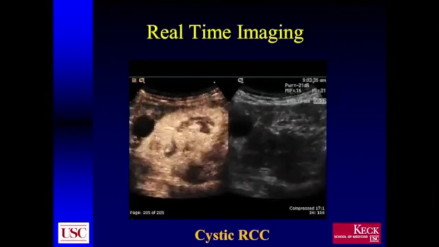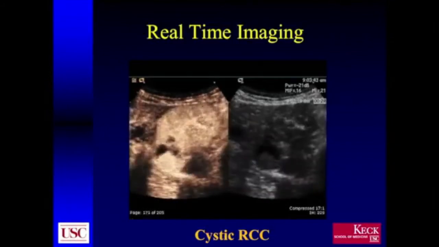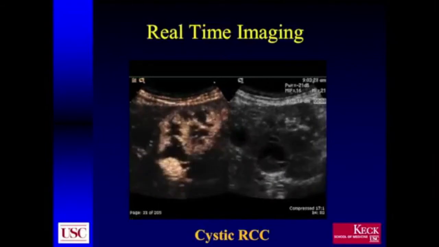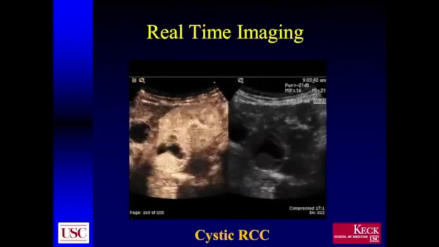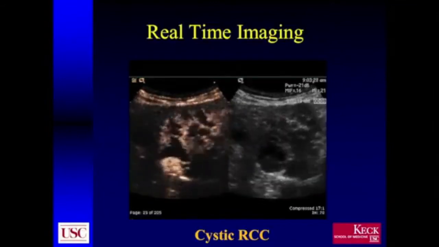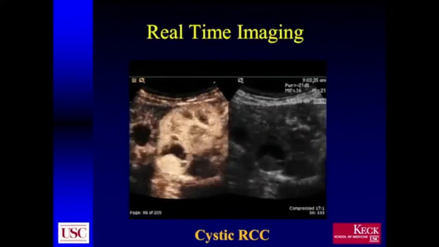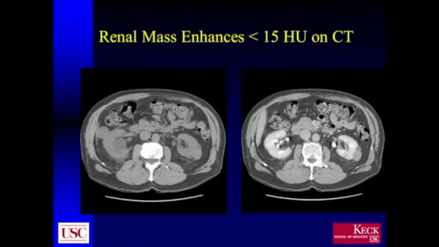This was a cystic renal cell here on the clip. I think you can very nicely see that this thing enhances earlier than the surrounding parenchyma, and as was shown on the static image, is clearly more echogenic in the early phase of the examination.